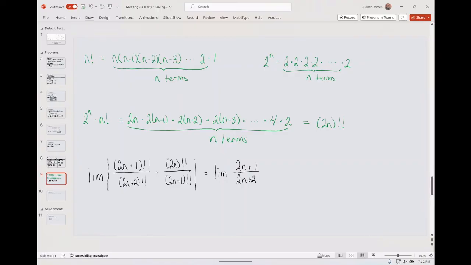Oh, yeah, I forgot the x's in there. So let's do x to the n plus 1 there and x to the n down there. That'll be absolute value of x times that limit.